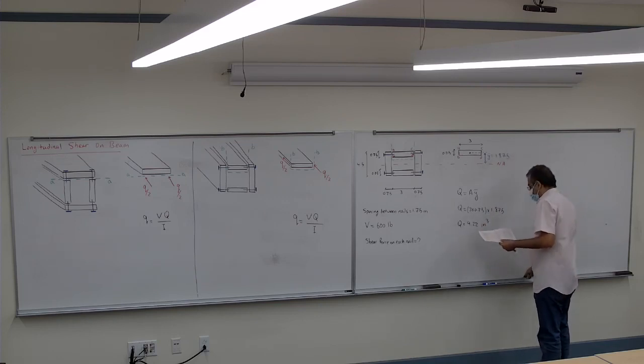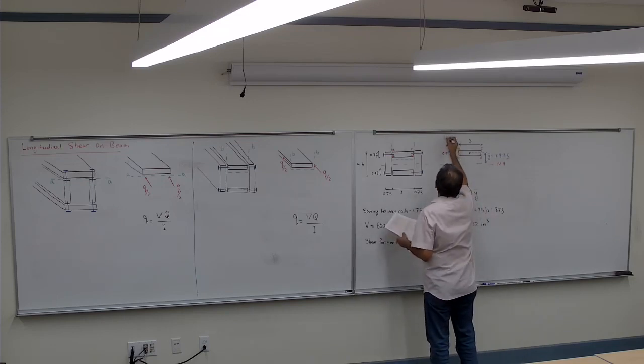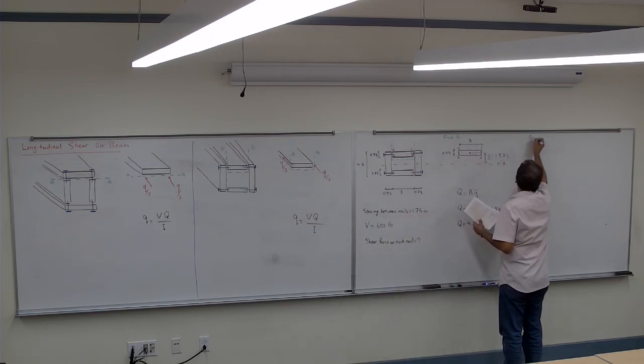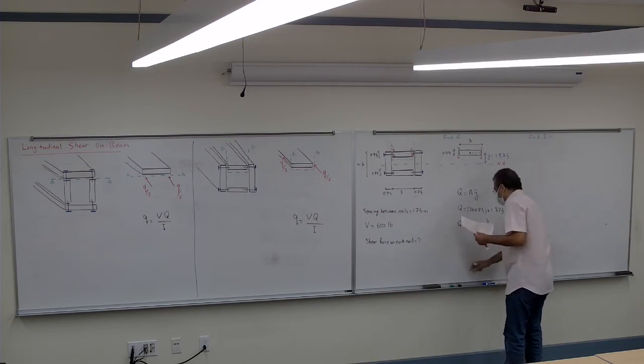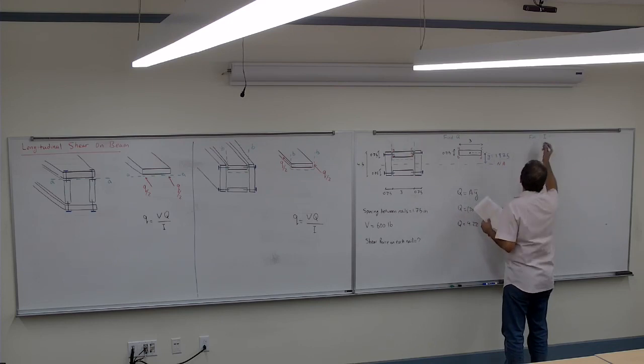So in here we are finding Q. Then we find I. So how do I find the I for the entire cross section?